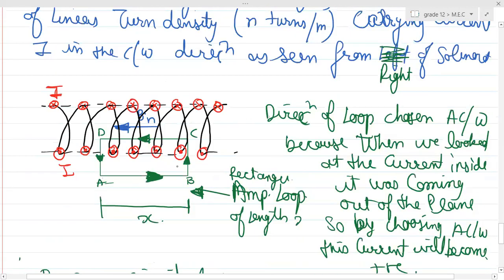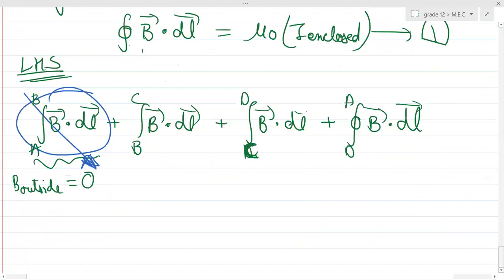Now look at the BC part. Can you see this much part is outside and this much part is outside? But this much part is inside. When we looked at B to C, wherever it was inside, was the magnetic field like this?